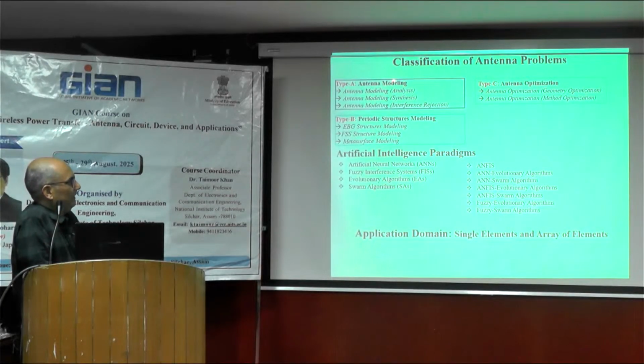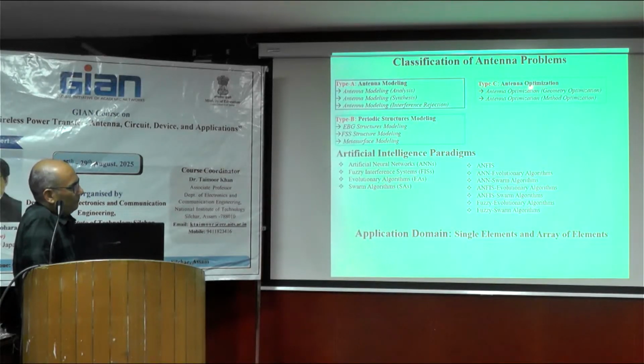One is antenna modeling, maybe analysis modeling, synthesis modeling, and the third is the specific case of interference rejection in ultra wideband antennas. Maybe the second one is periodic structures, not antennas, that is structure modeling, such as EBG structures. We have some work on EBG structure modeling, frequency selective surface modeling, as well as metasurface modeling using machine learning techniques.